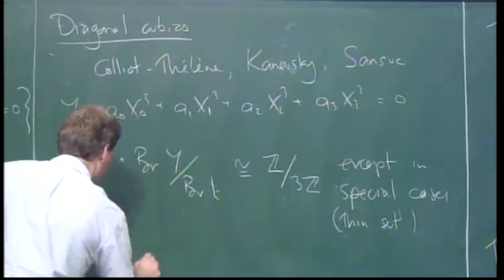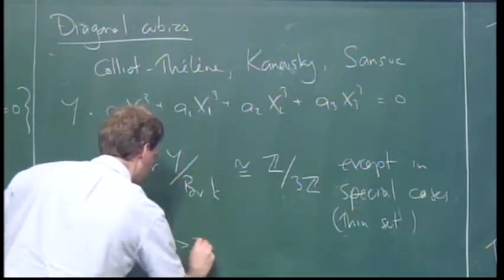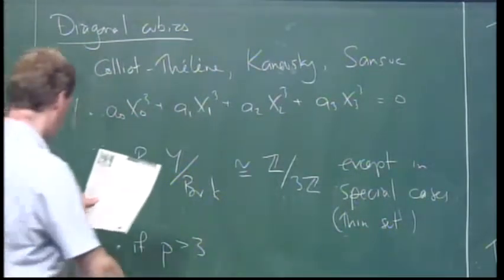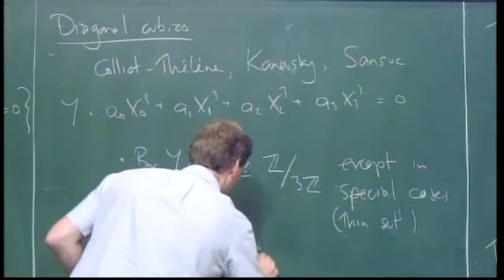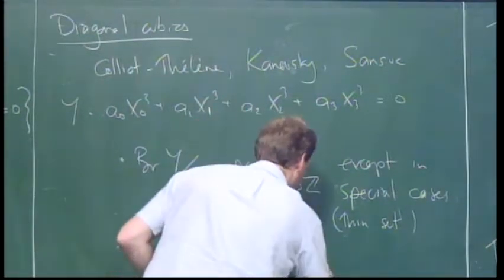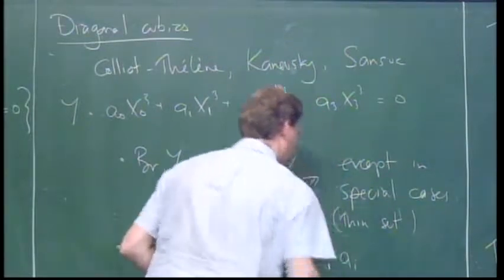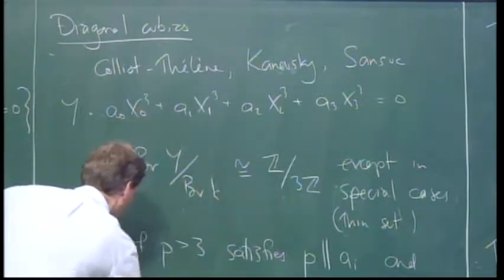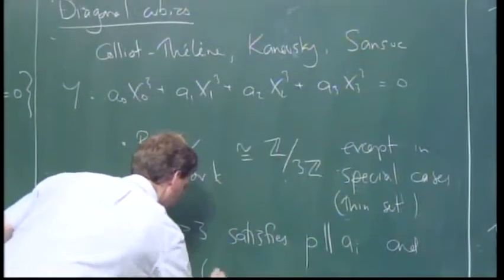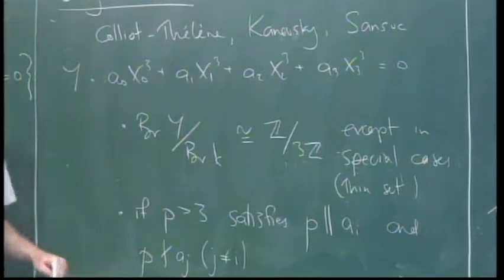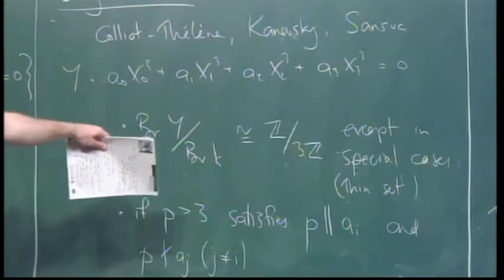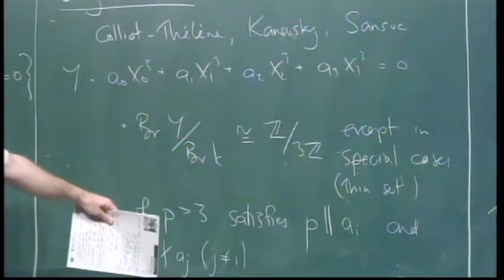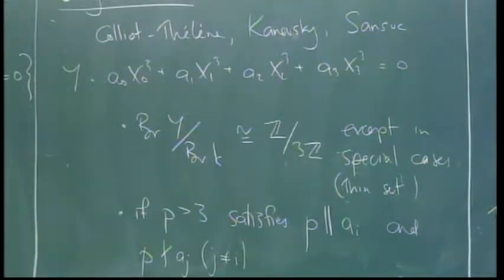And they also showed that if you have a prime greater than 3, and it exactly divides one of the coefficients, p exactly divides a_i, and p doesn't divide a_j for j not equal to i, then you take either of the two generators of this Brauer group, you look at the evaluation map at the place p, and it's not constant.